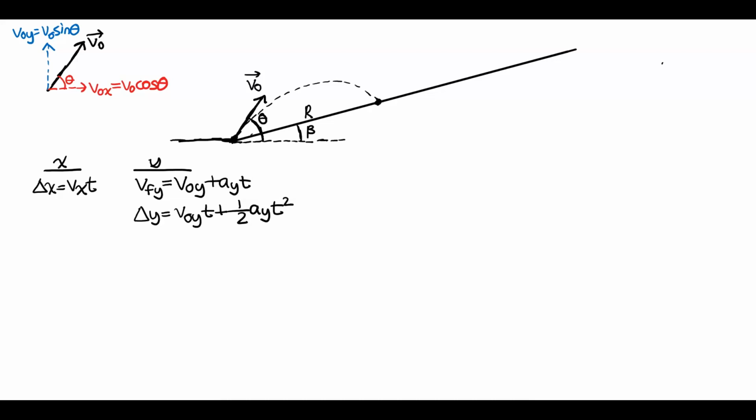These are the components, and we have just found two of our missing pieces: vx, which remains constant, which is v0 cosine theta, and v0y, which is v0 sine theta.